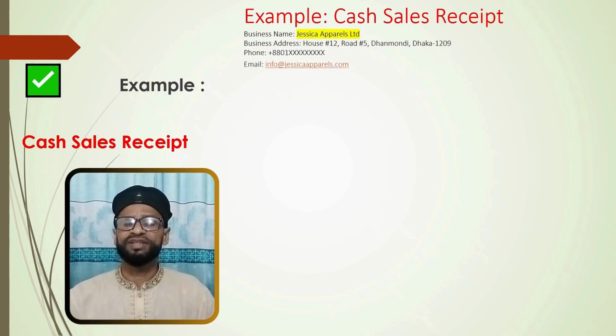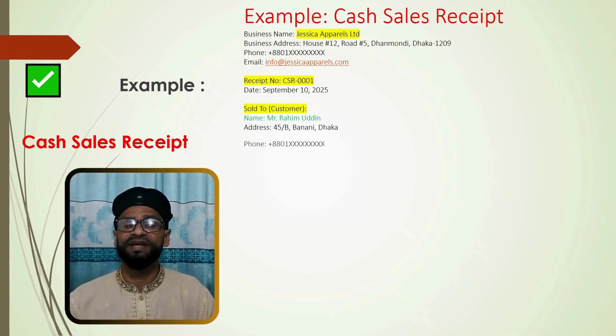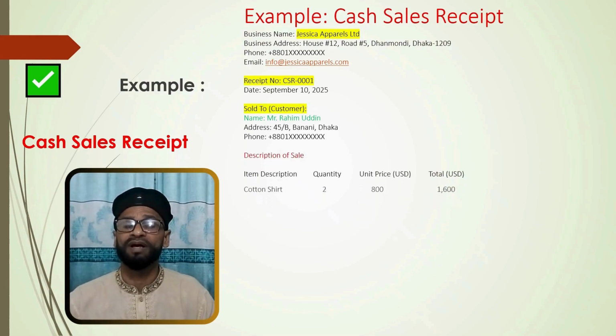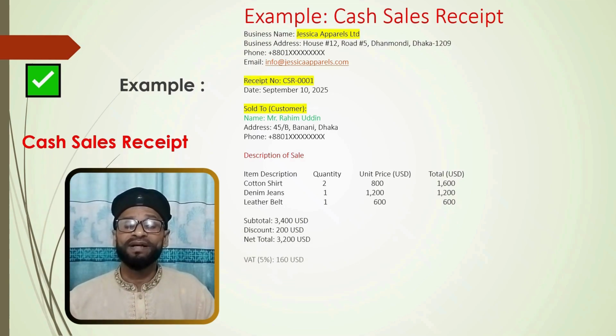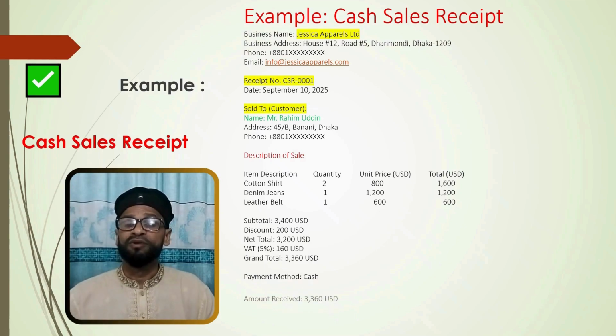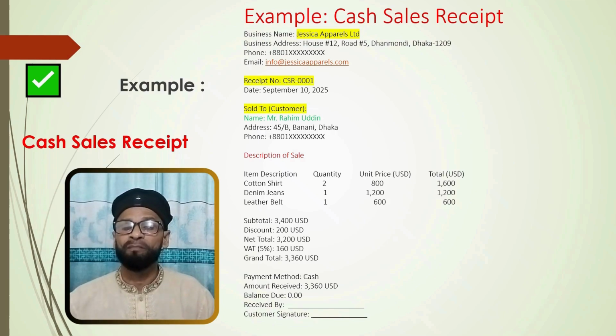By the end of this session, you will have a clear understanding of how to create a sales receipt in QuickBooks Online, apply a discount and include value-added tax so that your accounts remain organized, transparent and compliant.